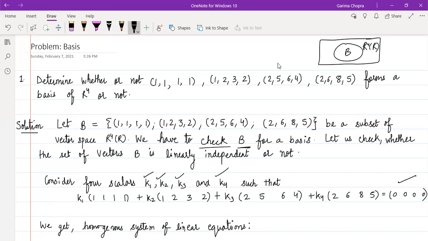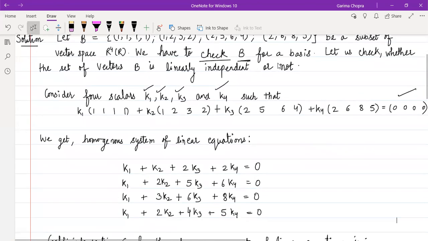By doing scalar multiplication and after that vector addition, we will get a homogeneous system of linear equations, because when we solve the left hand side and compare it with the right hand side, we will get a homogeneous system of linear equations.